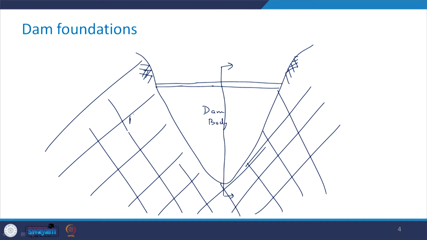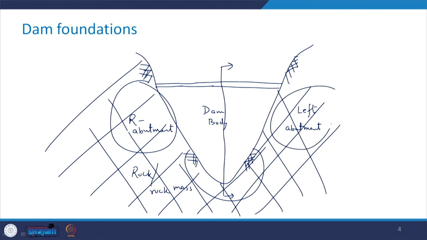This is the right abutment, and here on this side you have the left abutment, and this whole portion is rock or the rock mass. These are all the bedrock. So you see that this dam body is always in contact with this bedrock as well as these abutments, that is, the right and the left abutment.